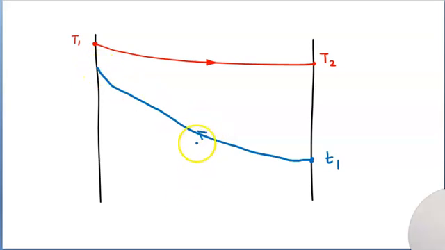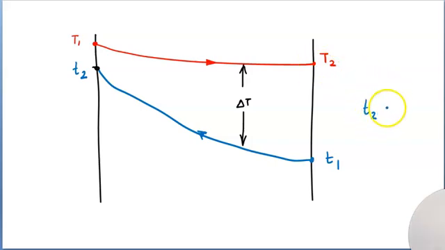Now because of this change in direction, you see that the temperature difference that is driving the heat transfer is this, delta T. And you observe that the exit temperature of the cold fluid, which is small t2, can exceed the exit temperature of the hot fluid.